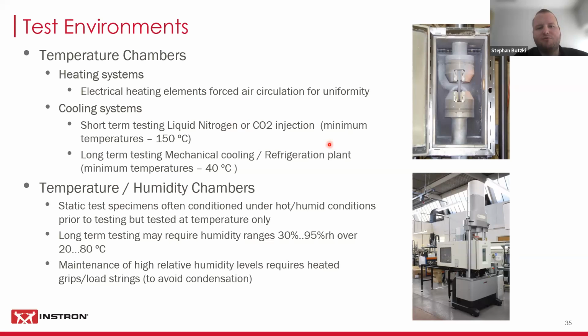Anything below that, you really need specialized chambers. And then humidity chambers should be used to simulate those different humidities. We talked about this earlier in the presentation. So you need to make sure that you condition your specimens in the right humidity environments that you're trying to simulate, and also for the correct time until they're saturated and have taken up that moisture.